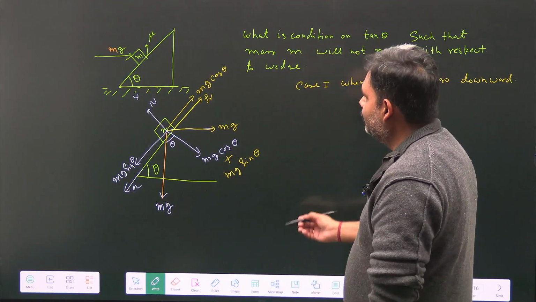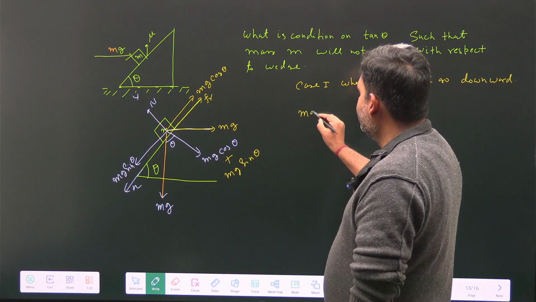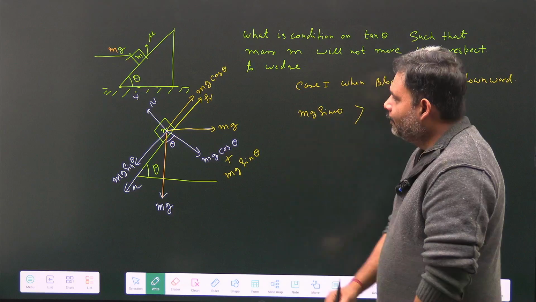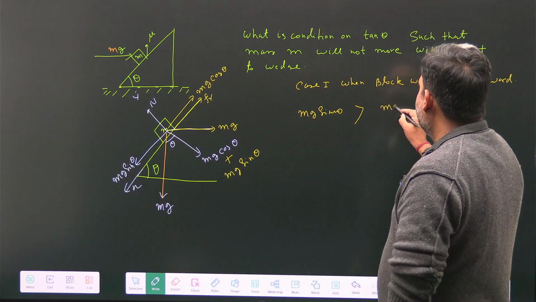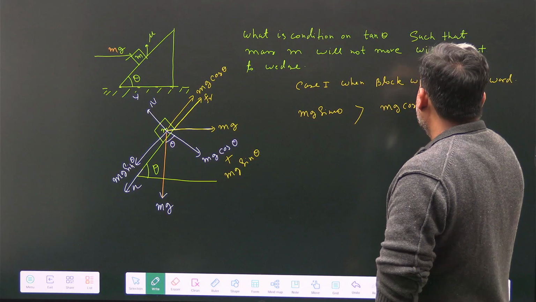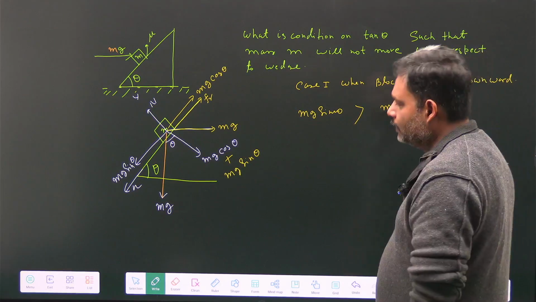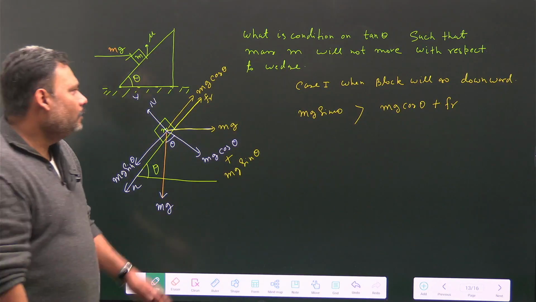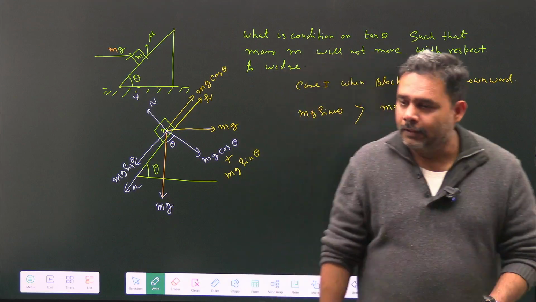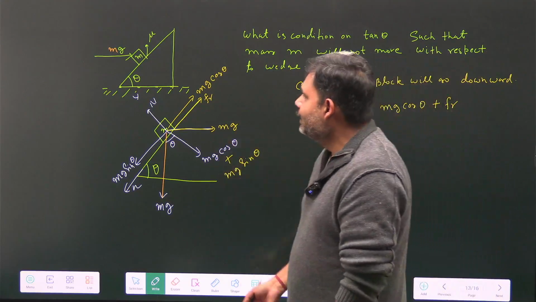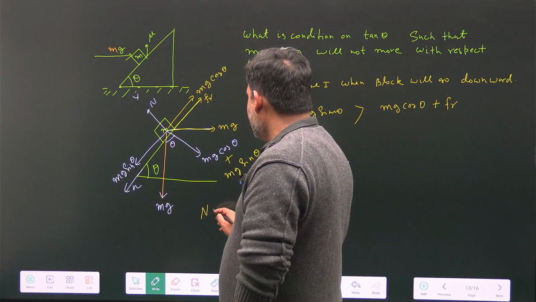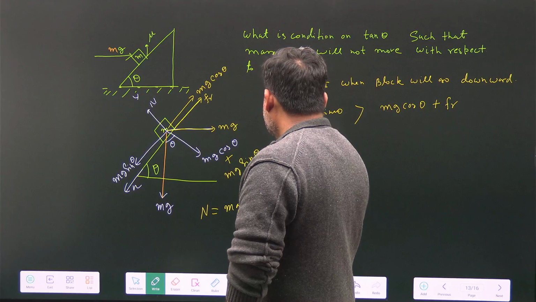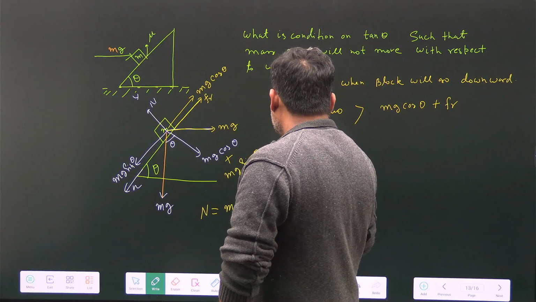So what is the condition? The condition is that mg sin theta must be greater than mg cos theta plus the frictional force. Okay. And what is your frictional force? That is mu into N. And now N is here. Your N is not only mg sin theta, rather mg sin theta plus cos theta.